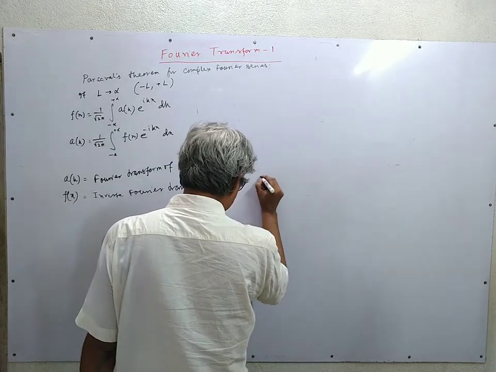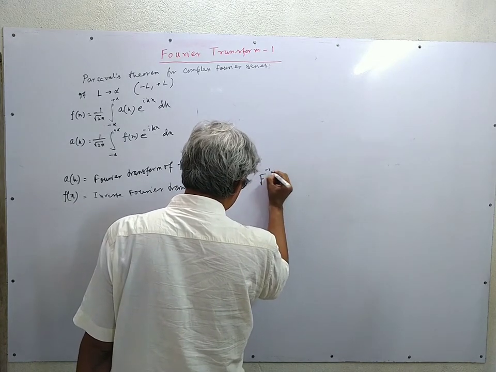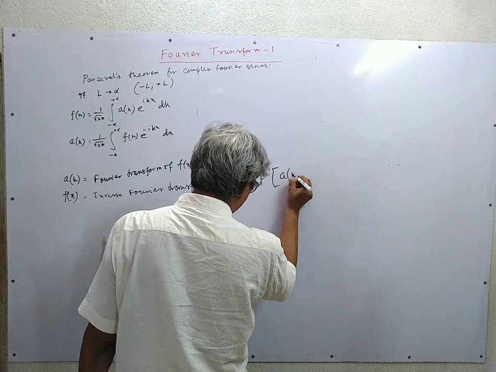It is generally written as F inverse a of k.